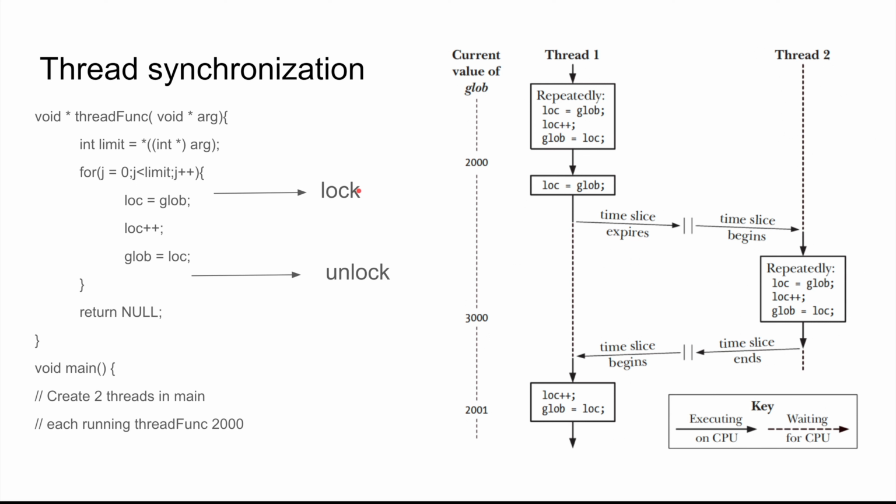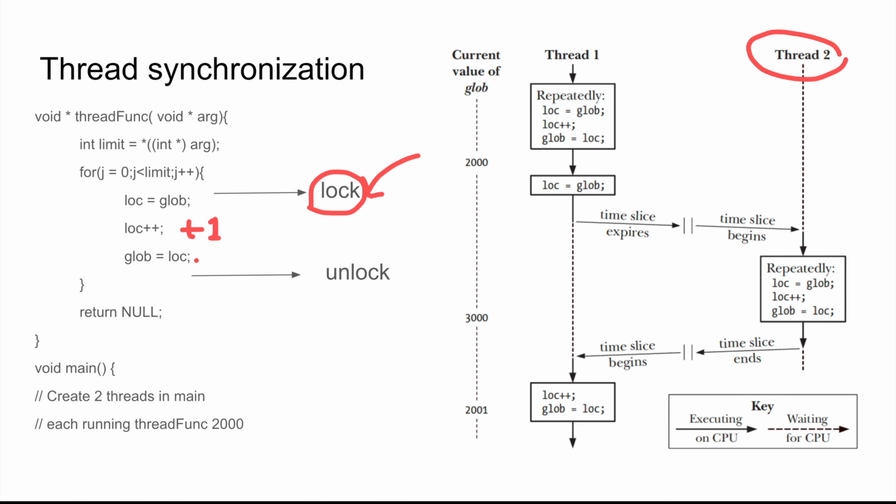Each thread, before accessing the shared variable, would invoke the lock API and would invoke an unlock API before leaving the code where it accesses the shared variable. By this, if a thread is already executing LOC++, then thread 2 would not be able to enter this code section because it will not be able to acquire the lock as it has already been taken by T1.